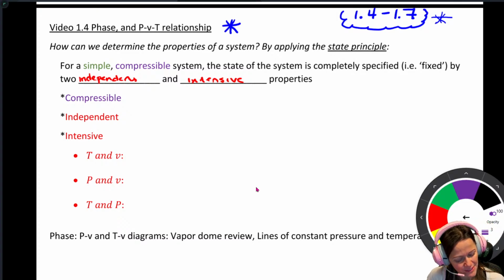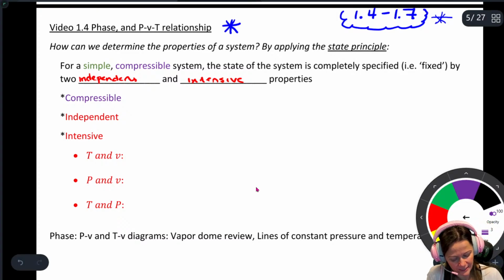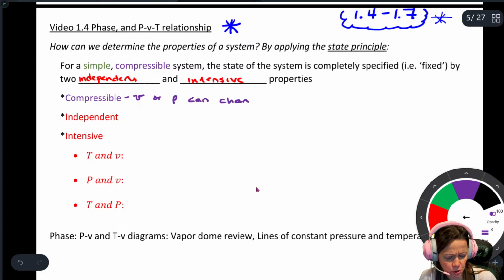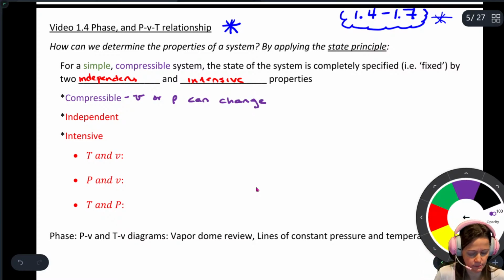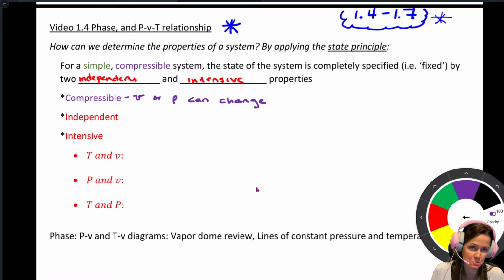All right. So compressible means that your specific volume, or the inverse of that, your density, can change appreciably. Independent just means, if one of those properties changes, the other one doesn't necessarily change.